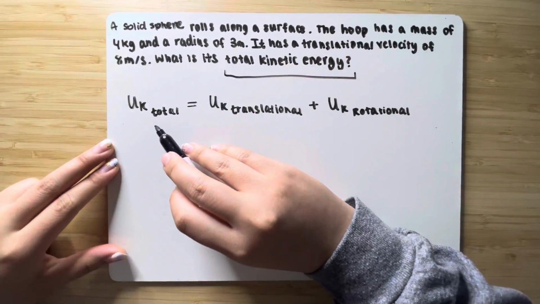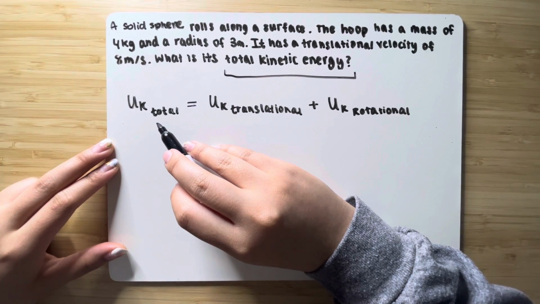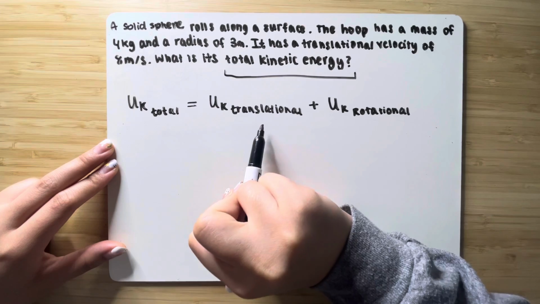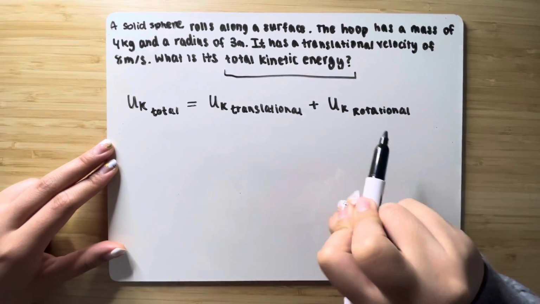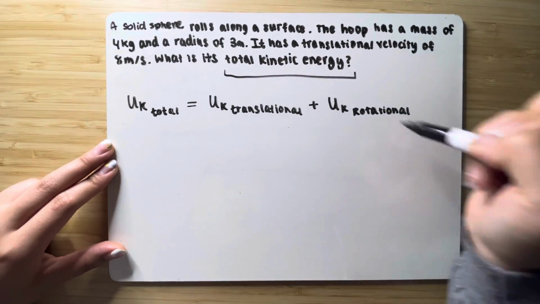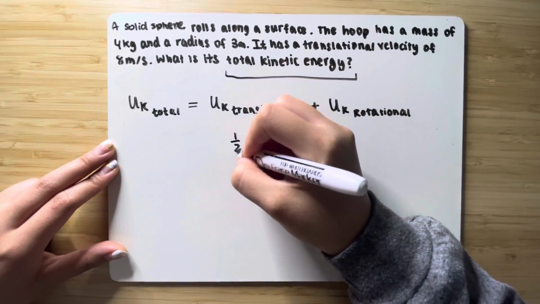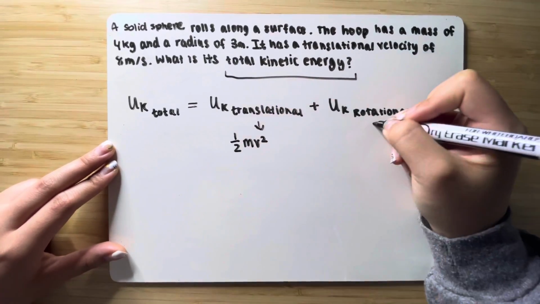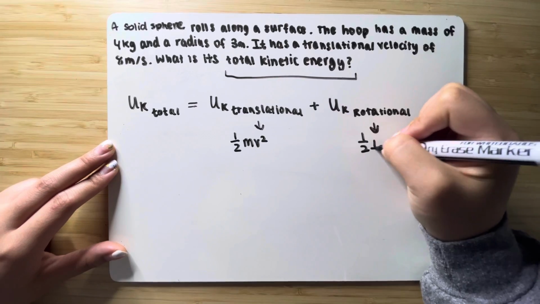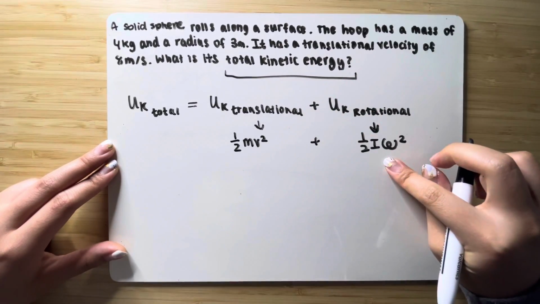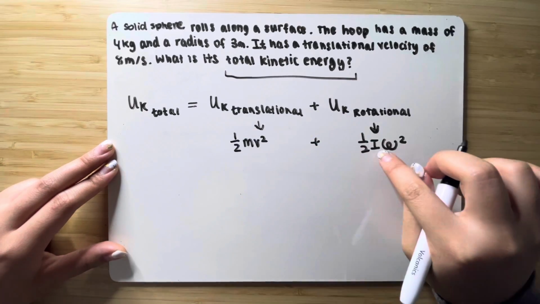Begin by recalling the equation for total kinetic energy, which is equal to translational plus rotational, linear plus what makes it rotate. You can derive this into 1/2 mass times velocity squared. You can derive this to 1/2 times inertia times angular velocity squared. These two are the same thing, but instead of mass, here we use inertia.